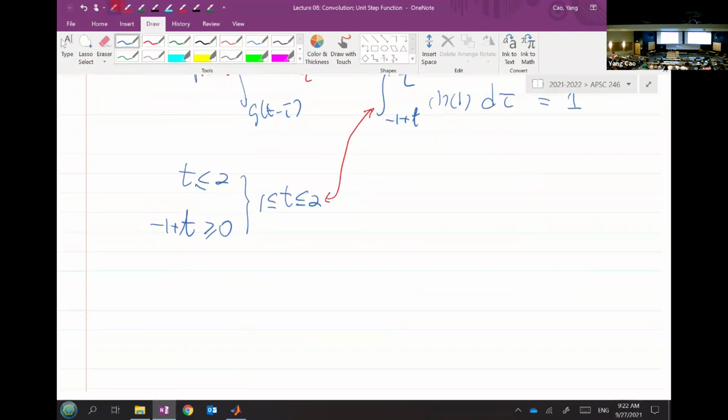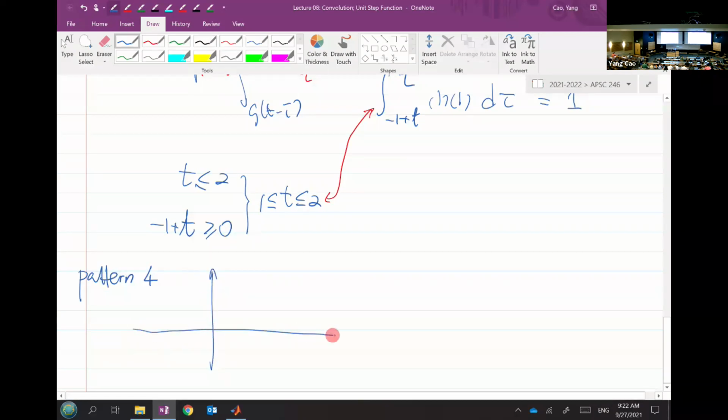So pattern number 4. F of tau is still the same. So this time your box, this is g of t minus tau, overlaps with f of tau with this pattern now.